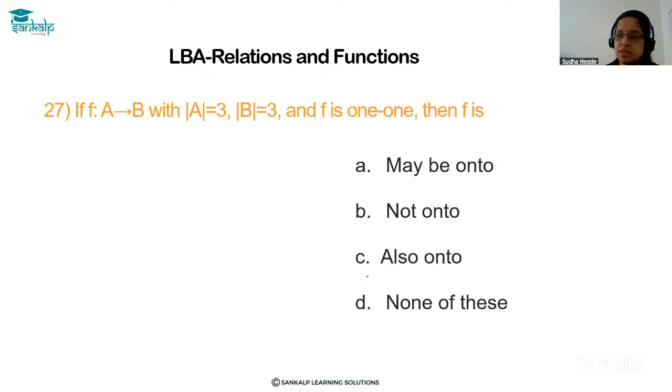The question is, if f from A to B with cardinality of A equal to 3, cardinality of B equal to 3, and f is one-one, then you need to check whether f is onto or not.